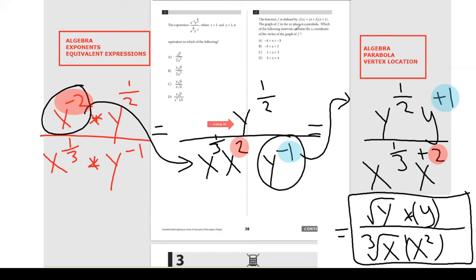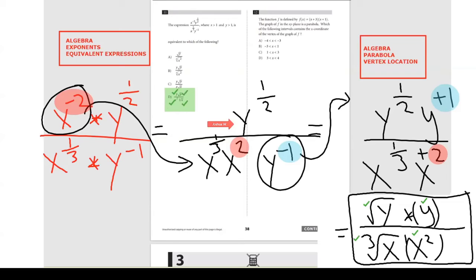And that would be the simplified version. Is that a match with any of the answer choices? Which one? D. So Charlize is saying that that's D. So I have to check if all the pieces are the same. Well, I see y is the first piece, and then square root y is the second factor, and then x squared, and that is a little 3, the cube root of x, comes after x squared.